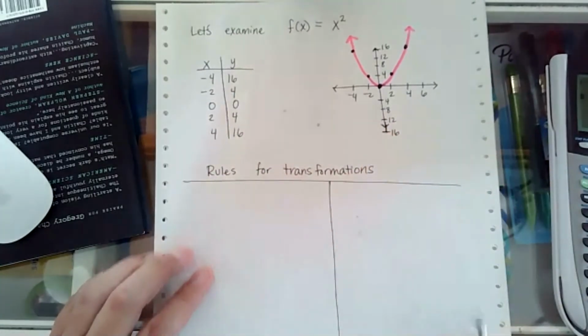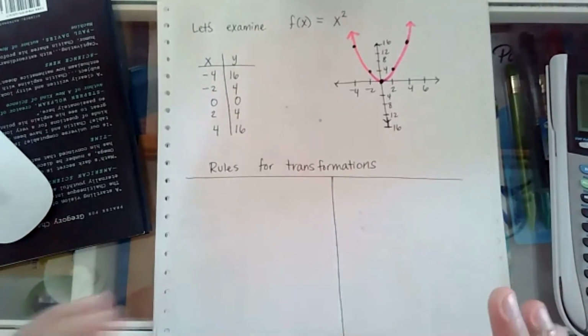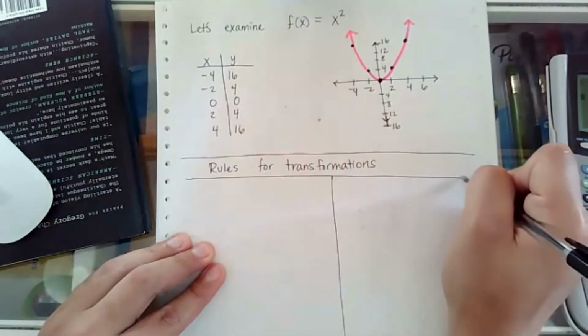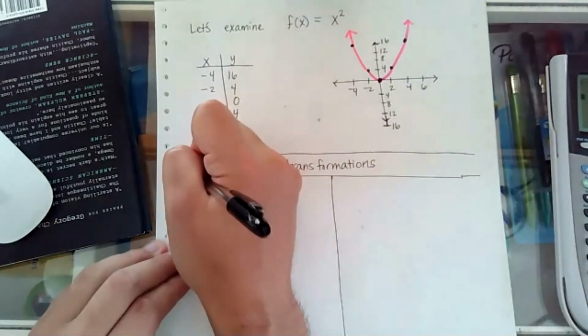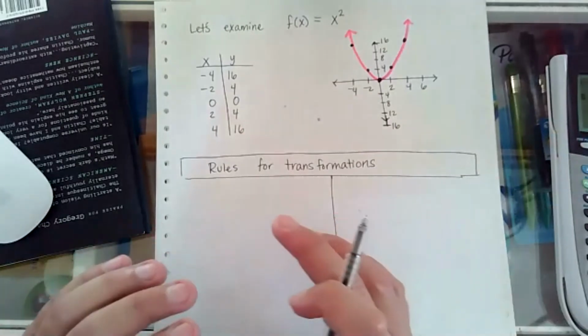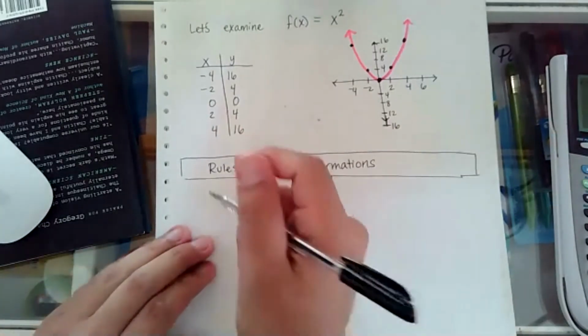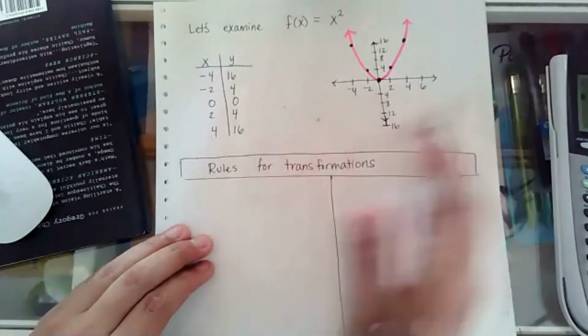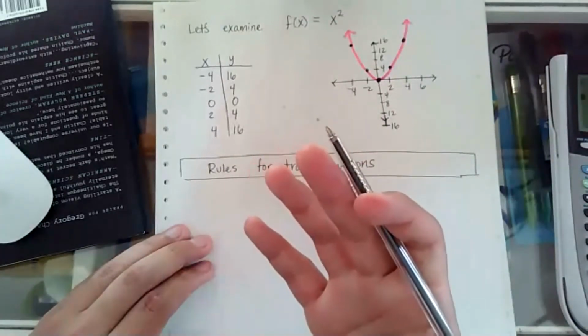There are basically two flavors of manipulations or transformations that you can make to these functions and their graphs. The first is that we can multiply the output by a value. Actually, the easiest thing to do would be starting with addition and subtraction.